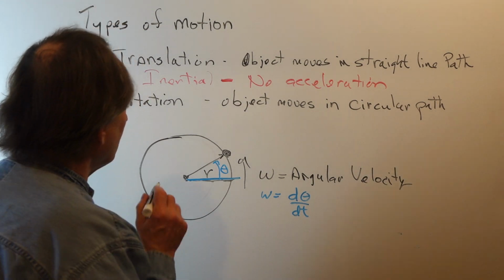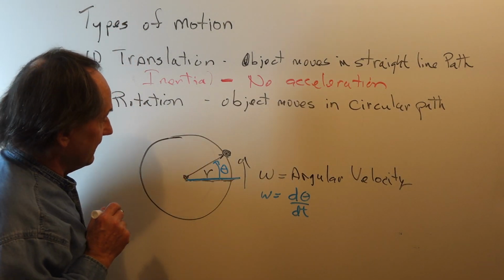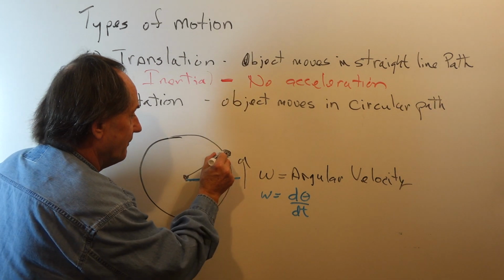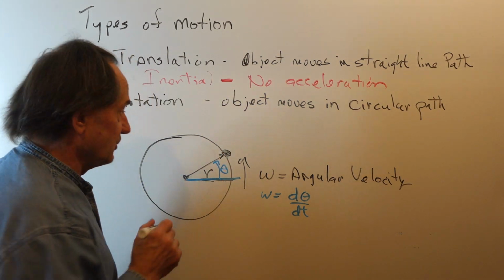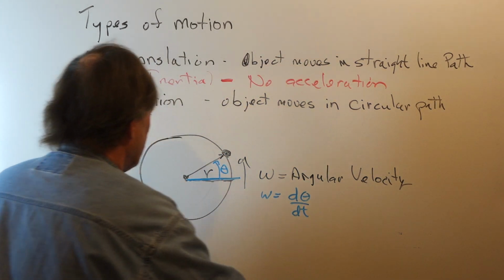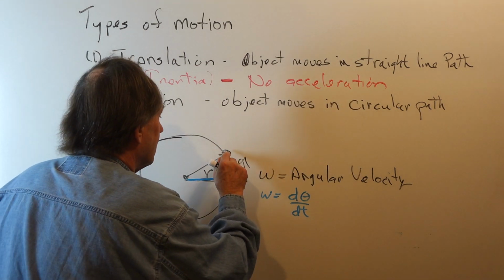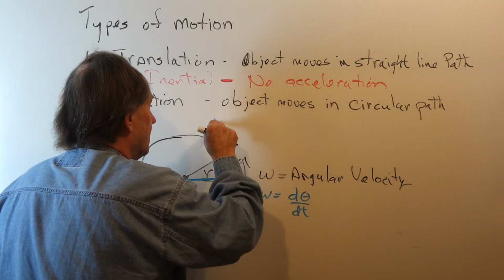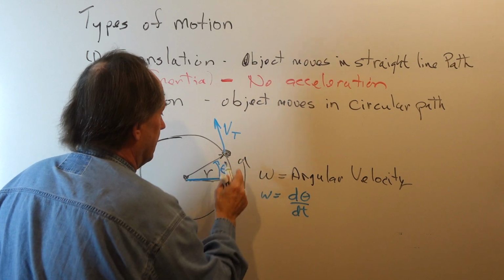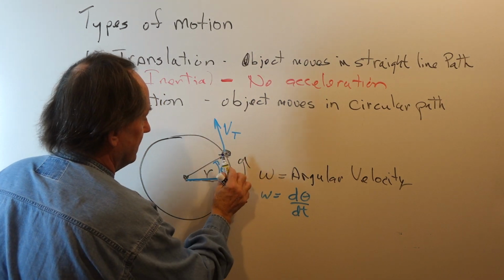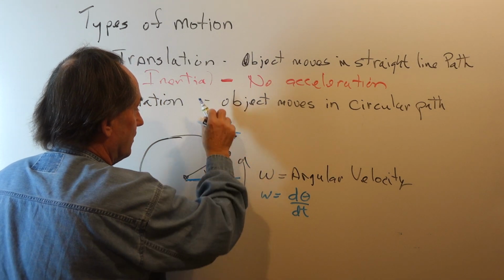Now, there's another velocity that we can describe this movement by, and we call it the tangential velocity. That is the linear velocity of the object tangent to the circle.